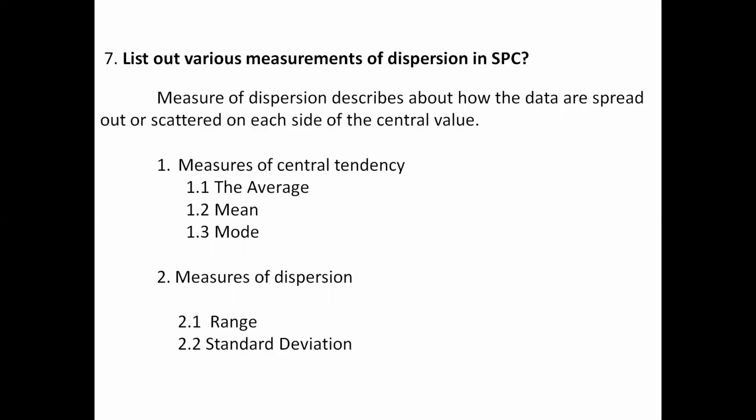Two concepts are there: measure of central tendency and measure of dispersion. Under the measure of central tendency come average, mean, mode. Under the measure of dispersion come range, deviation. If you write measure of central tendency, measure of dispersion and these 5 words, you will get 2 marks.